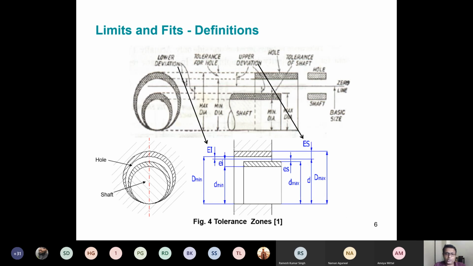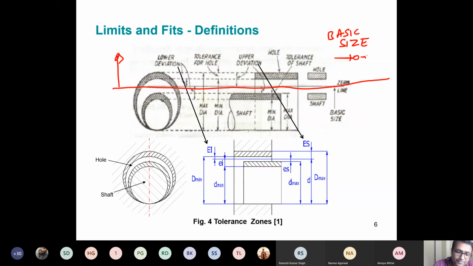Now I want to give you some definitions here. The first thing you need is something called the zero line. Zero line is the line that corresponds to basic size. Basic size, say, 10 mm, 50 mm.